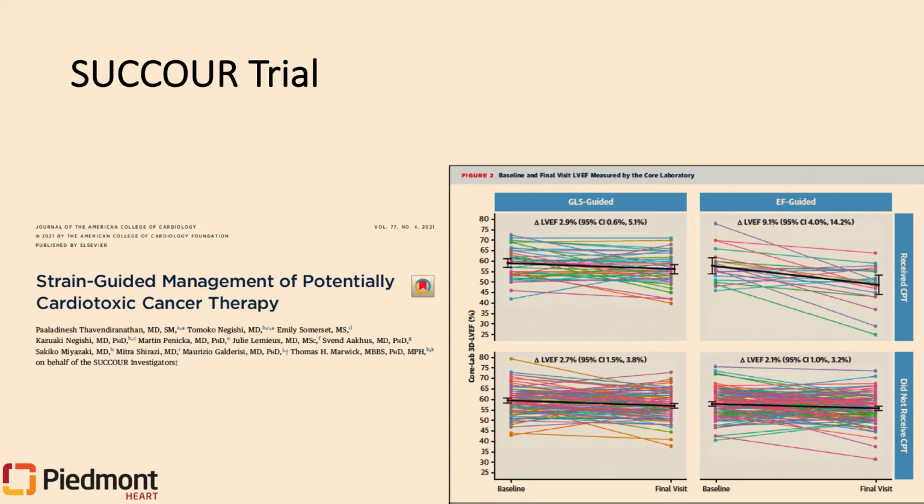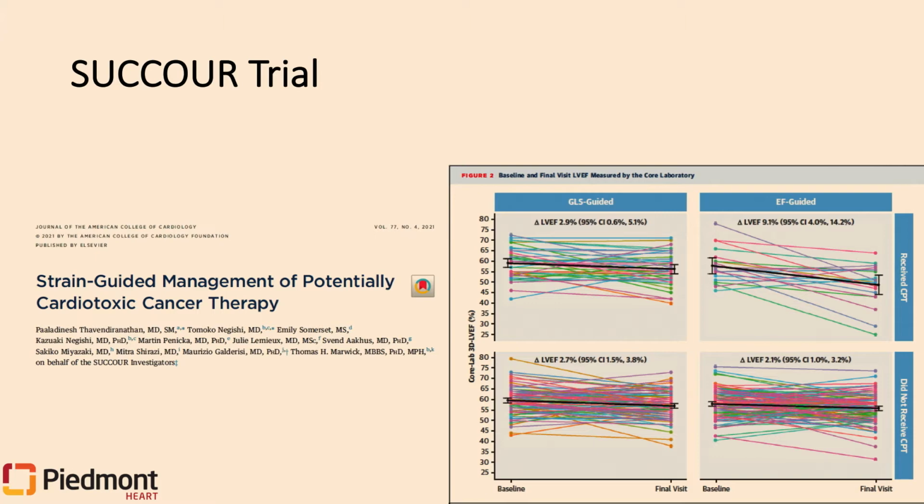The SUCCOUR Trial is important because it is the only prospective randomized controlled trial we have to date that assesses strain. Essentially what it looked at, it took 300 patients with cancer, primarily breast cancer, who were all treated with anthracyclines. These patients had at least one risk factor for cardiac disease such as hypertension or diabetes, and they divided these patients into two arms: the EF-guided arm or the strain-guided arm.